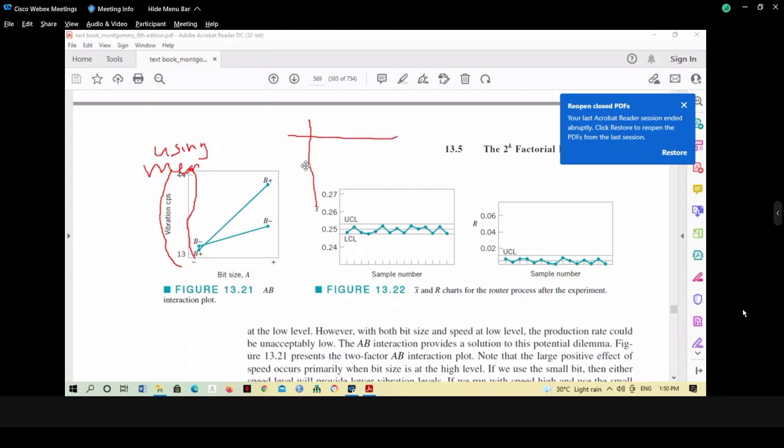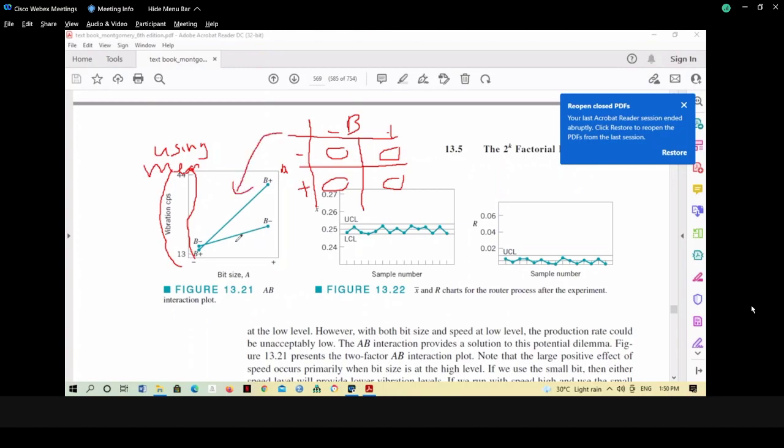You have A negative, plus, and then look at the column here: A low, B low; A low, B high; A plus, B, and then you can plot this graph.